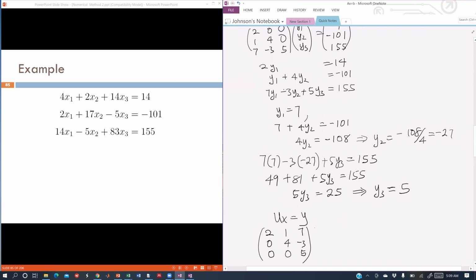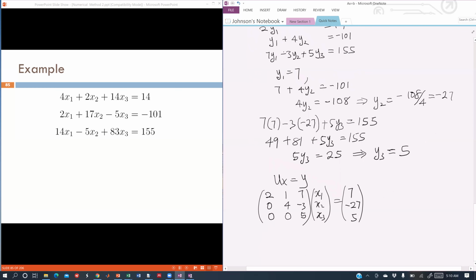Then this multiplies our x1, x2, x3. That is what we are looking for. The y was just an intermediary vector to help us solve for our x. y1 is 7, y2 came out as minus 27, and y3 is 5. So this is what we want to solve.